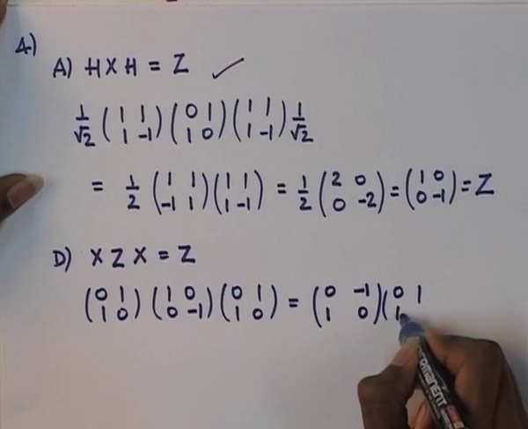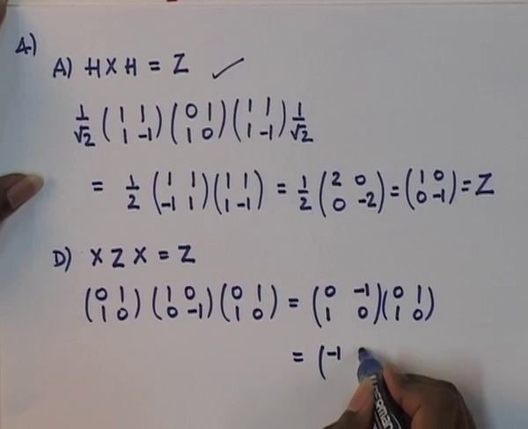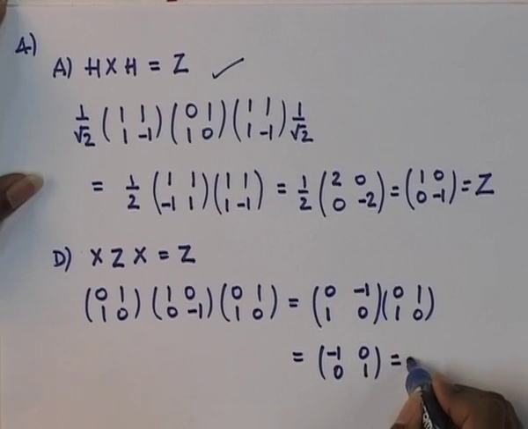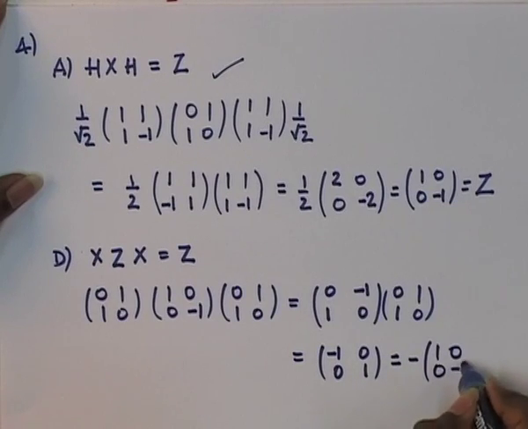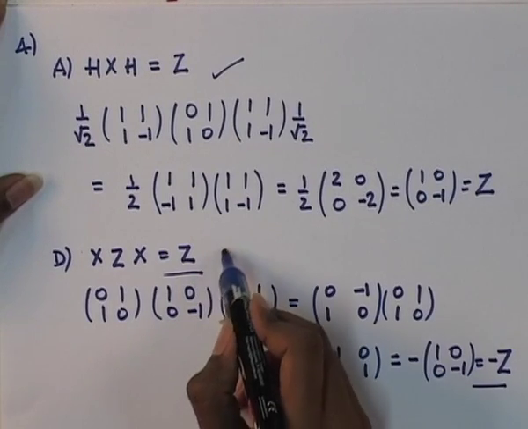And multiplying these two matrices, we obtain [minus 1, 0; 0, 1], which is minus of [1, 0; 0, minus 1], which is minus Z gate. But the option says it is equal to Z, but we obtain that it is equal to minus Z. So this option is incorrect.